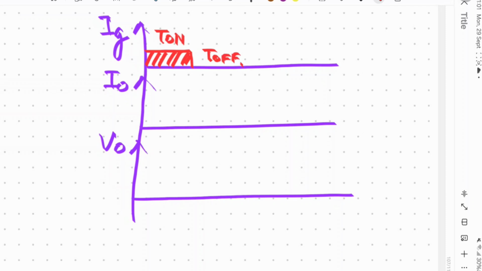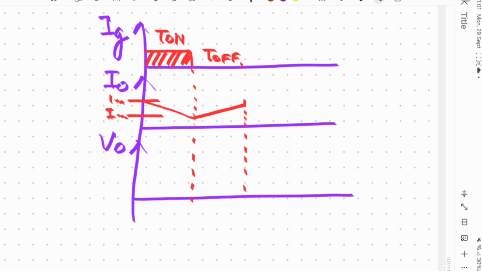When the switch is on, the current will increase but in the negative direction, and again it will increase from minimum to maximum in the negative direction.